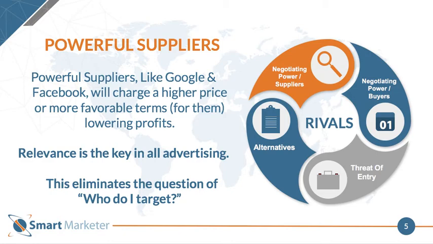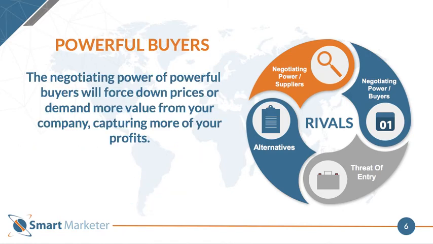But since we own this data, you would own this data, it's completely and totally portable. You own the contact information, right down, in some cases, to name, address, phone number, demographics, and everything forever. You're no longer chained to one platform or another. So the next item is powerful buyers.